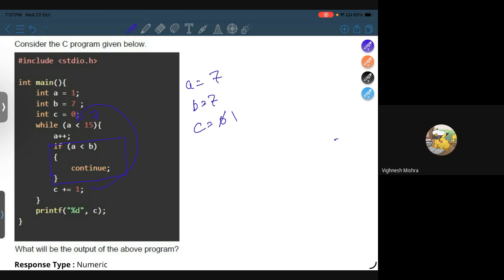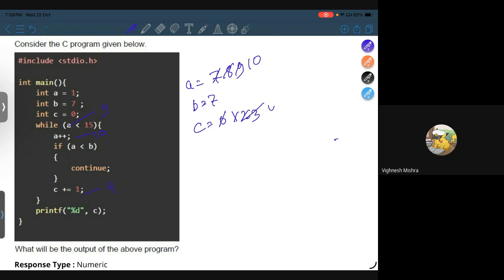Okay, 7 is less than this. Now this will add 8. This is 8, and it will make it 2. Now 8 will go here. This will be 9, and this will be 3. Now 9 will go here. And this will be 10, and this will be 4.